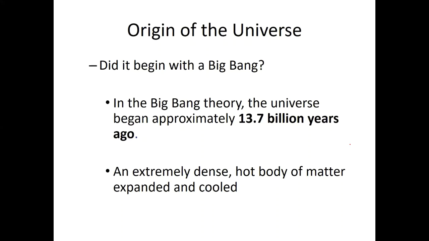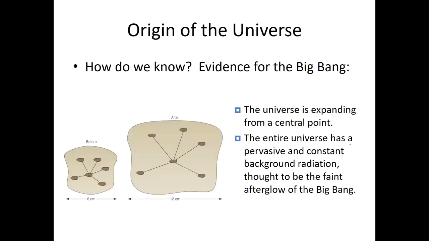This theory has flaws in it and needs to be revised because it cannot explain these new observations. So this is our best working scientific model to explain the early moments of the universe, Big Bang theory. So it is a theory, it's not a hypothesis. That means that there's been scientific observations that support it. And so what evidence is there for the Big Bang?